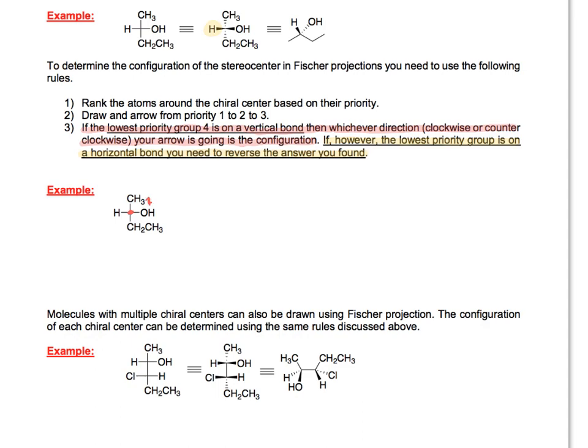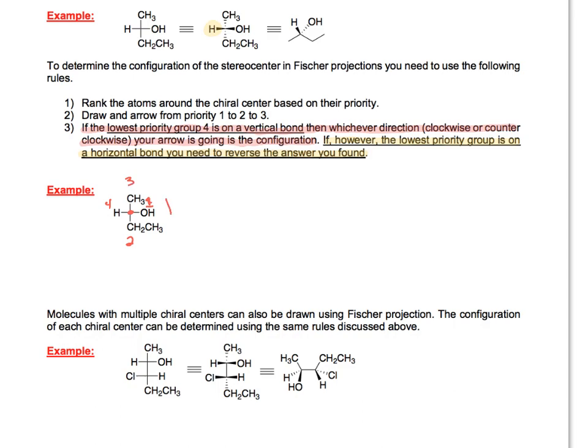This is going to be priority number 1. Our lowest priority group is going to be our hydrogen, that is priority group number 4. And now we have to break the tie. This carbon has a carbon and 2 hydrogens, so HHC. This is a methyl group, so it has 3 H's. So this is going to win. This is going to be priority group 2. And this is going to be priority group 3.